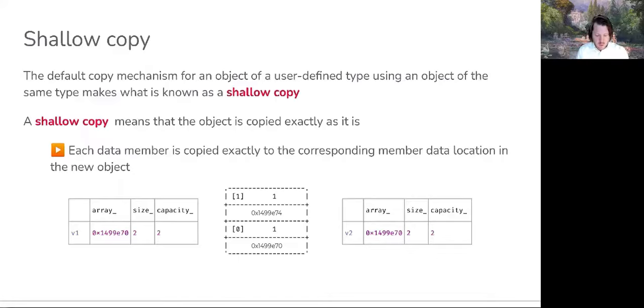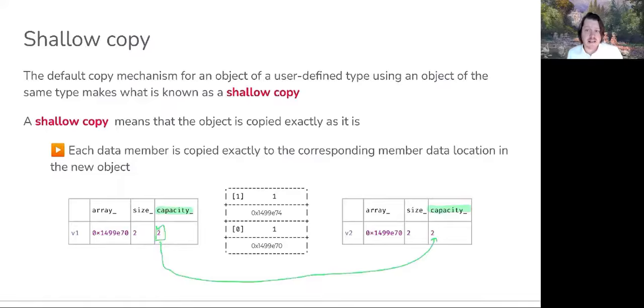So what this means for, say, two objects of our vector int type, v1 and v2: if v2 was being initialized with v1, or if v2 was being assigned with v1, the capacity field would be copied as is, which would mean that this integer value of 2 would be placed into the corresponding field of v2.